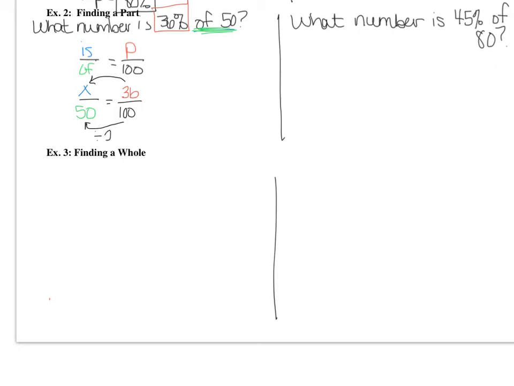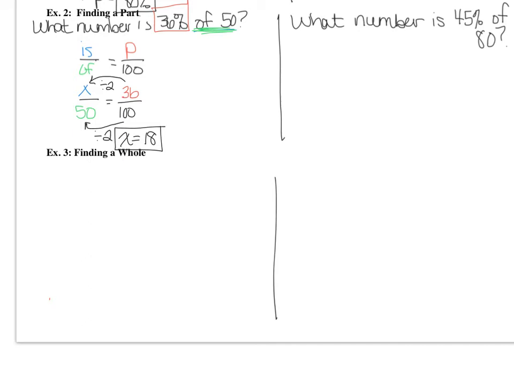Well, 100 divided by 2 is 50. So 36 divided by 2 will give me whatever x is. Well, 36 divided by 2 is 18. So x equals 18. I don't need to add a percent this time because I'm only finding the part of the whole. I already have a number with a percent sign, so I don't need another one.